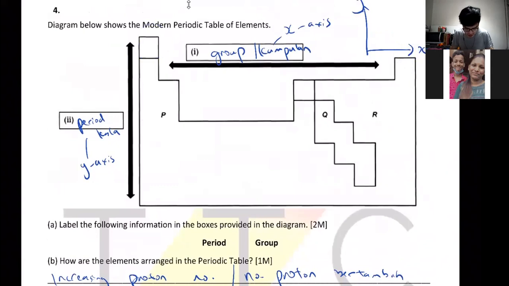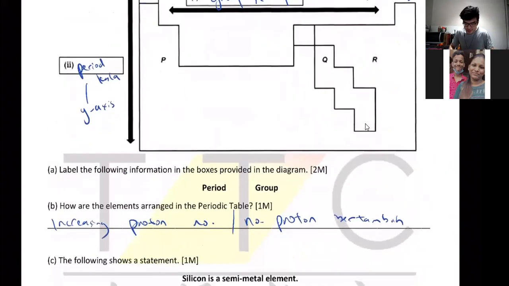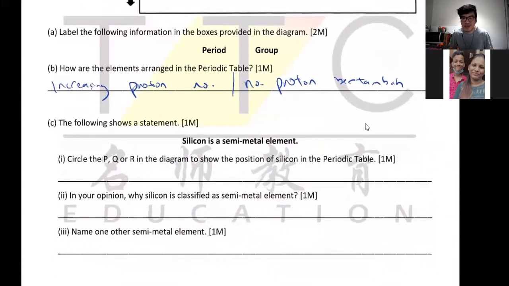There should be 1, 2, 3, 4, 5, 6, 7, 8, 9, 10. They will arrange according to proton number. So you see how important proton number is now. We don't really care about neutron and nucleon because it doesn't tell us anything. Proton will tell us where they are, which group, which period, and whether this is a metal or non-metal, reactive or non-reactive.